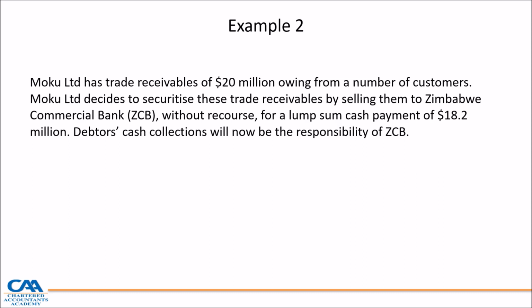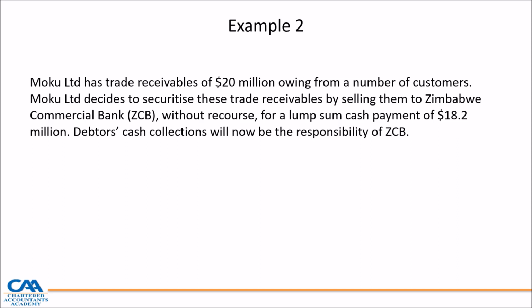And given that the transfer is without recourse, it means risks and rewards of ownership have been transferred, as if debtors don't pay, Moku is not liable. ZCB is the one that is exposed to that, which therefore means that ZCB now holds this financial asset and Moku needs to derecognize it.